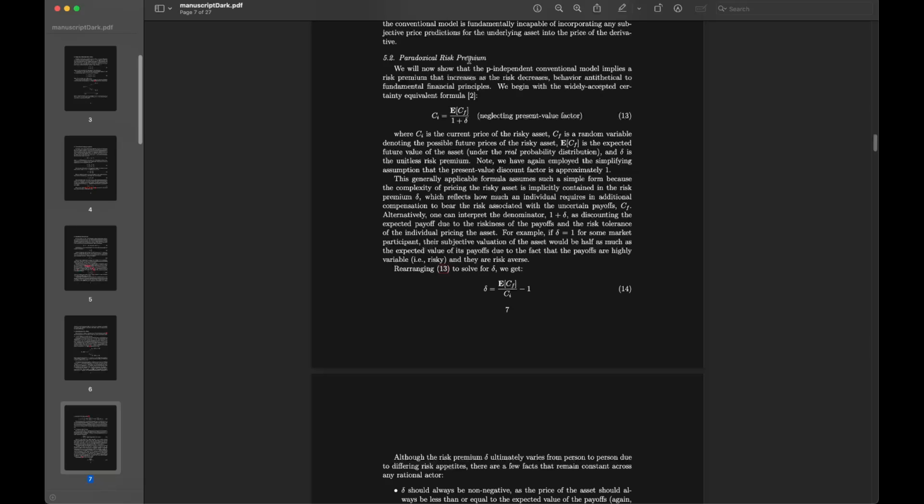Let's say one of the assets was a 50-50 thing. 50% of the time I get $2 million, and 50% of the time I lose $1 million. Or there's another asset where I am absolutely guaranteed a risk-free return of $500,000 each time.